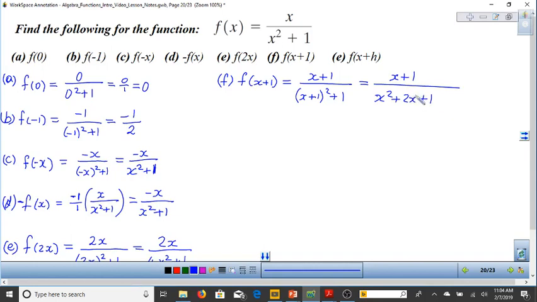And then, of course, you get another plus 1 here. So in other words, this little piece here works out to be that there. And when you combine like terms, you end up with x plus 1 in the numerator and x squared plus 2x plus 2 in the denominator. And that's the end of that part.